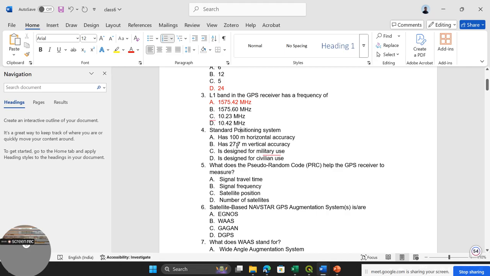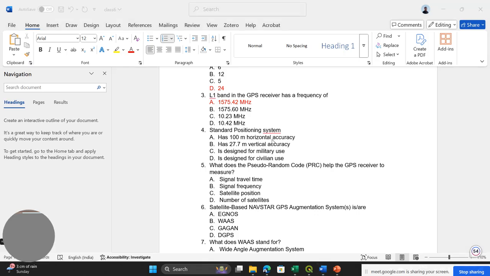Then you have two types of positioning, standard positioning service and restricted positioning service. Which of the following is true for standard positioning service? So this is a standard one.